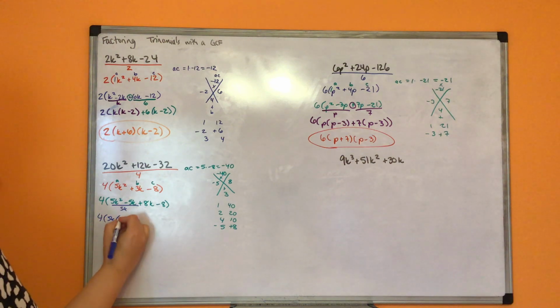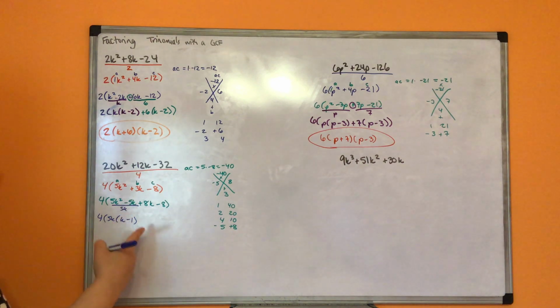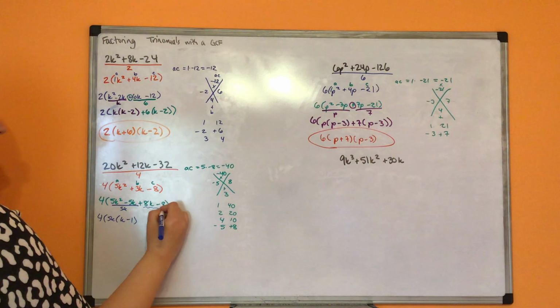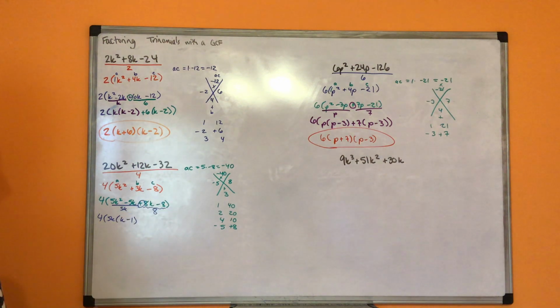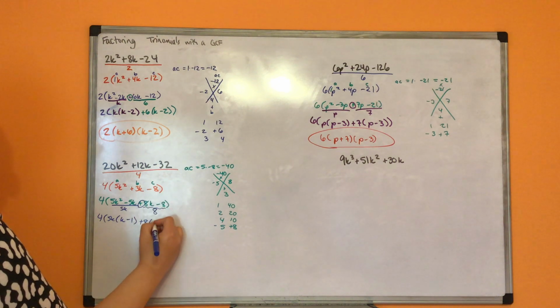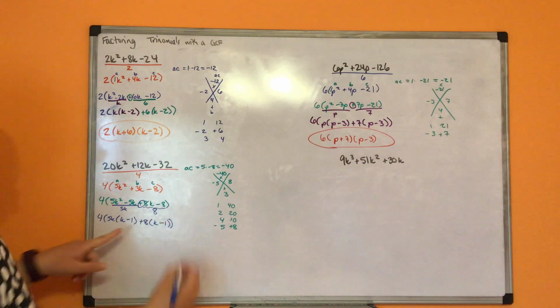When I divide by 5k, I get k minus 1, because 5k divided by 5k is 1. Cancels out. Second half, GCF here is 8. It'll be positive because we have a plus sign here. So plus 8. When I divide, I get k minus 1. These match, so we're good to go.